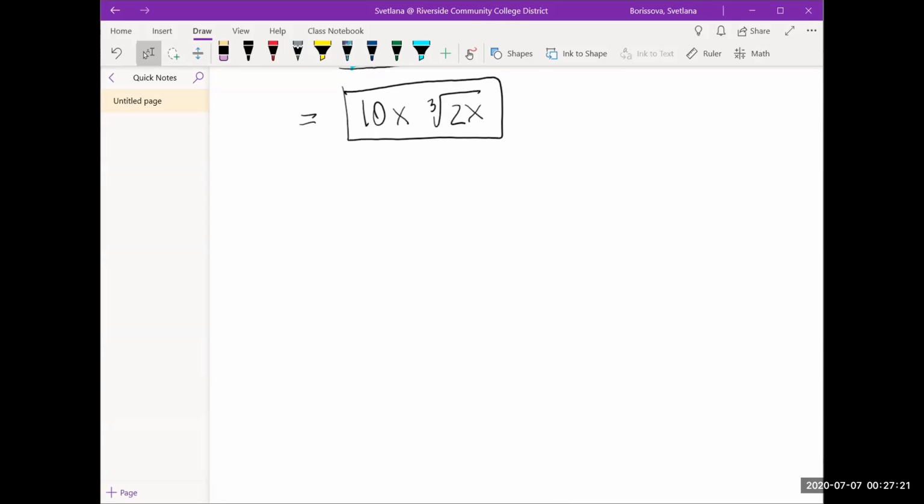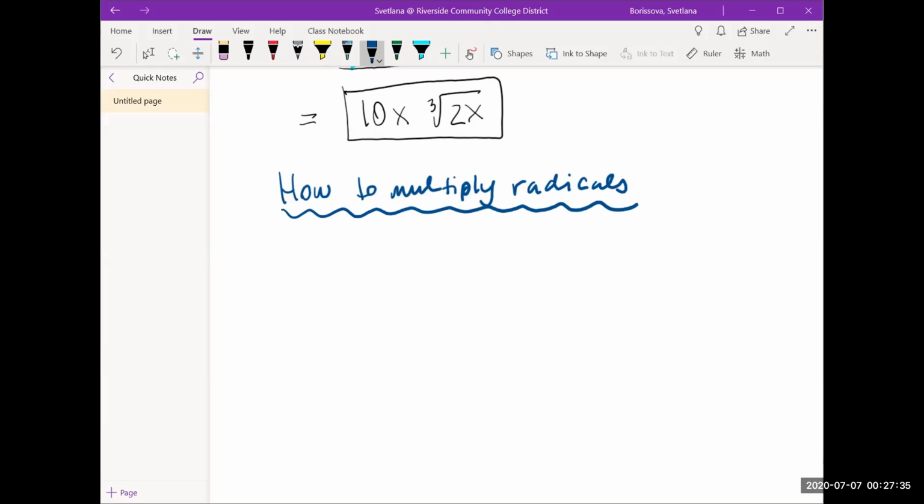Now let's talk about multiplication. How to multiply radicals, or I should say expressions with radicals. The whole idea will come from the following steps.